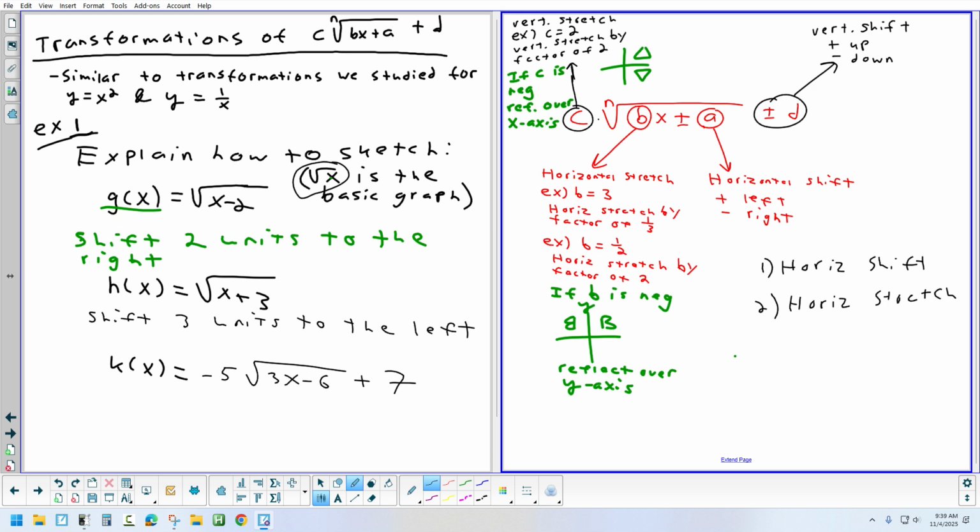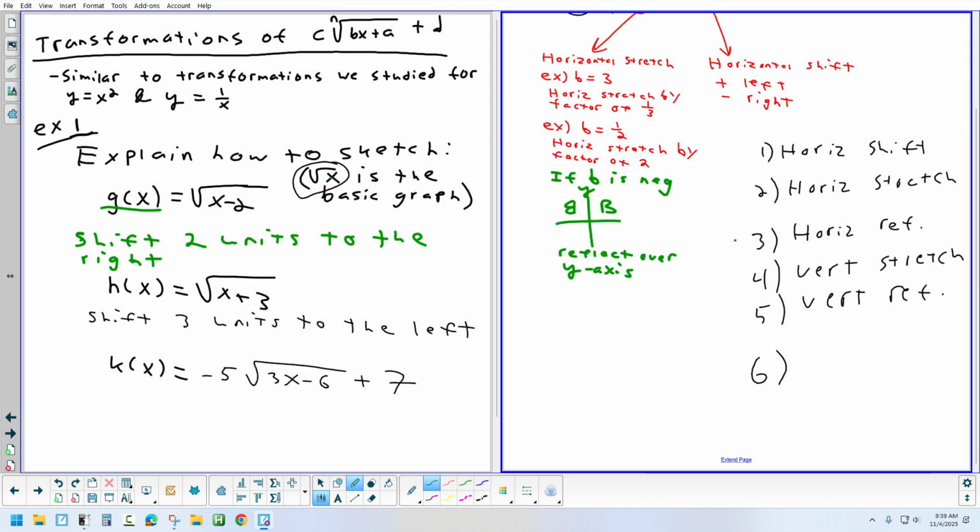These are all if you have them. Then you describe the horizontal reflection. Then you do the vertical stretch. Then you do the vertical reflection.